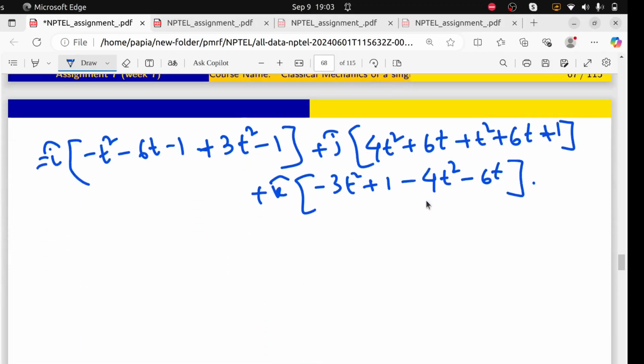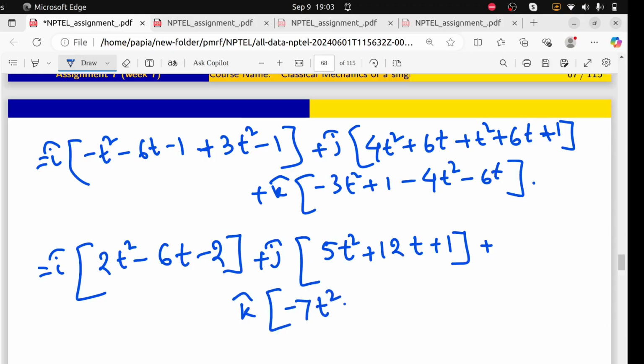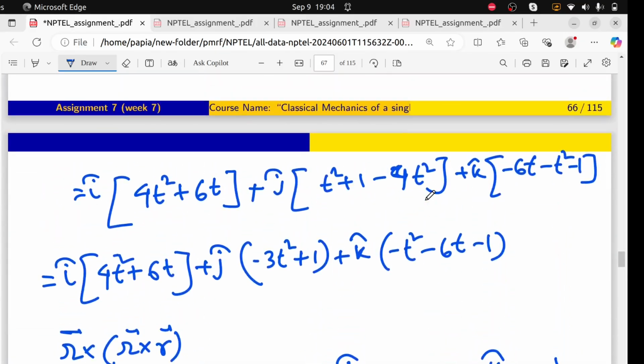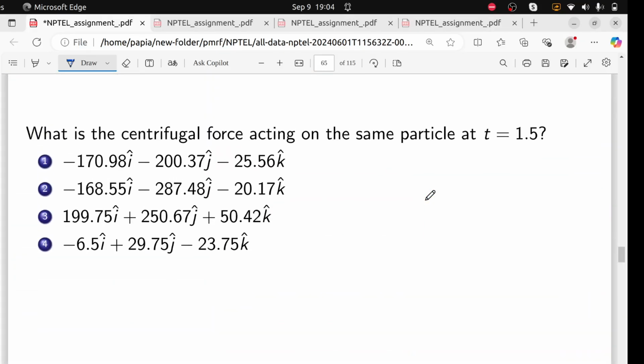So if I simplify a little bit here, then it will come as 2t square minus 6t minus 2, plus j cap, 5t square plus 12t plus 1, plus k cap, minus 7t square minus 6t plus 1. So now this is the omega cross r, and m is 1 obviously, so we don't need to worry about this one.